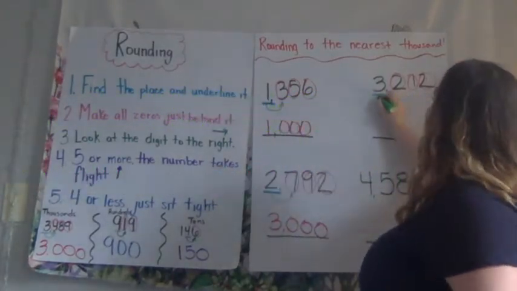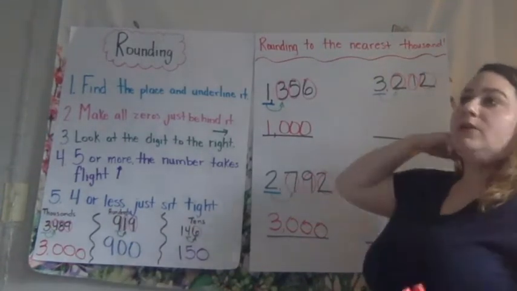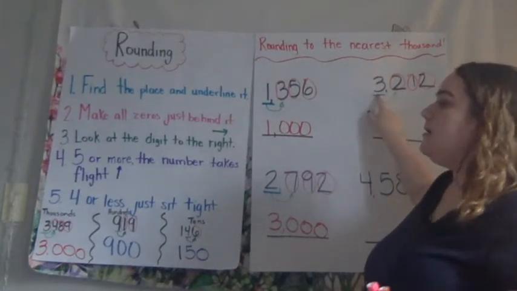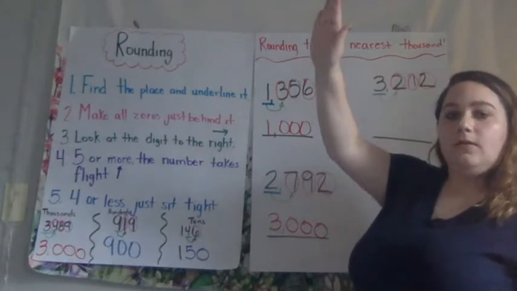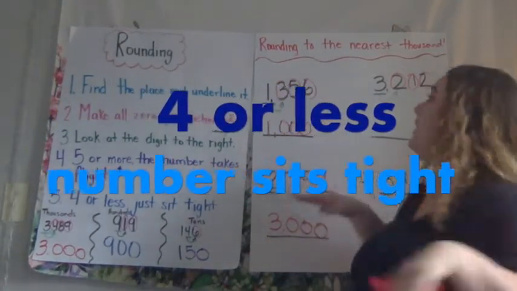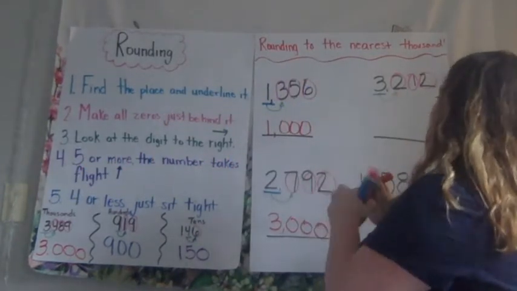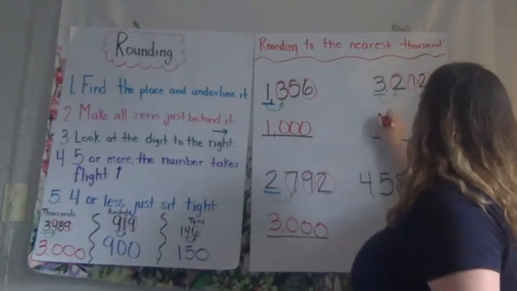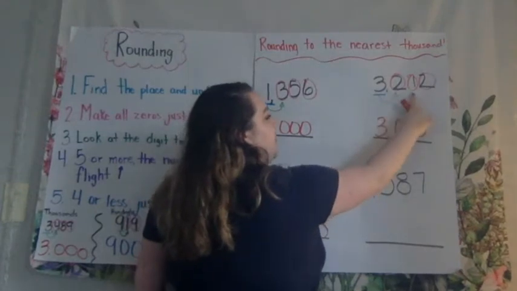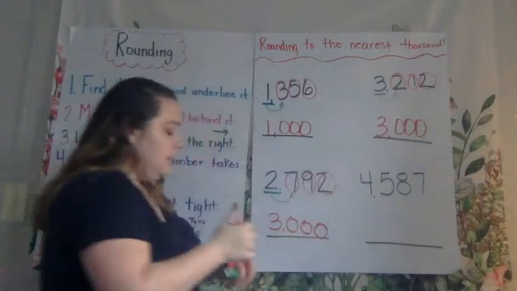I look at the digit right next door. It's a 2. If this number is a 2, does my 3 take flight or does it sit tight? It sits tight because 2 is 4 or less. So now my new number is, I just bring down my 3. My answer is 3,000. 3,212 rounded to the nearest thousand is 3,000.